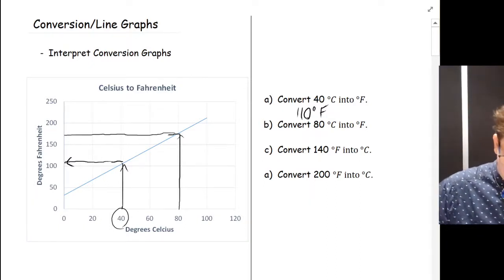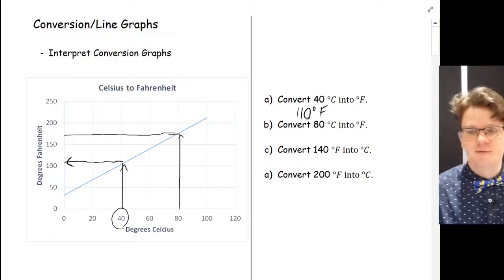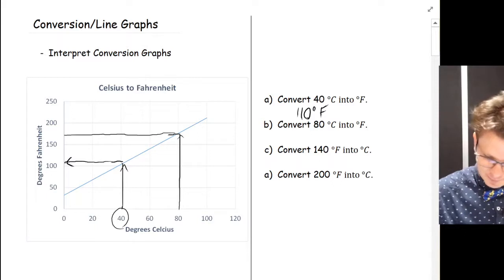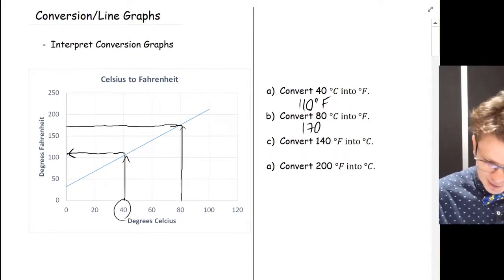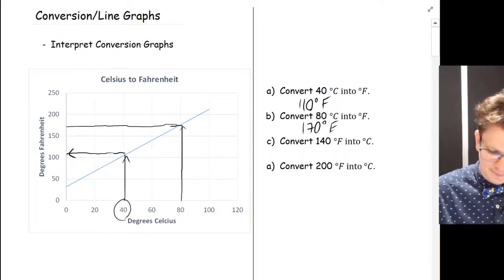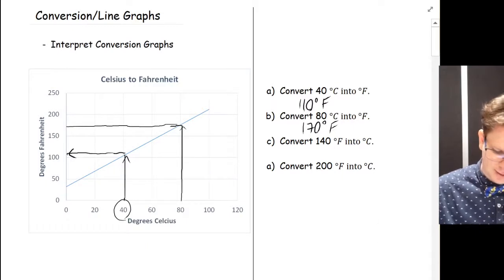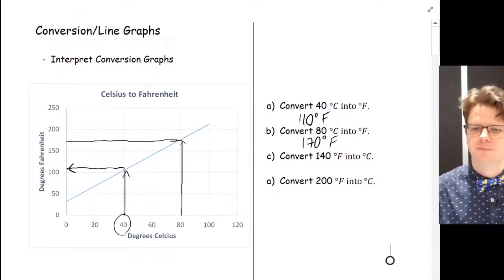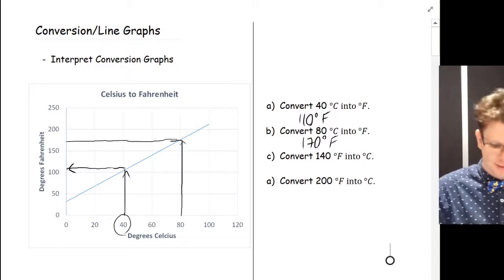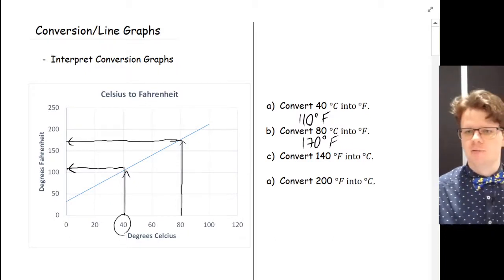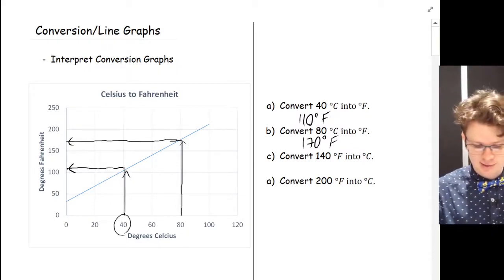I'm going to say that that's about, well, we could say it's about 175, 170. I'm going to say 170 degrees Fahrenheit. Alrighty, so you see that's how you go through and read going from Celsius to Fahrenheit.